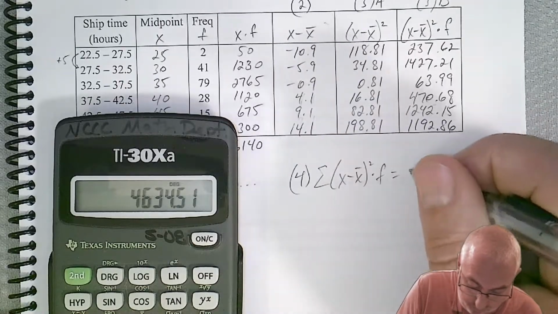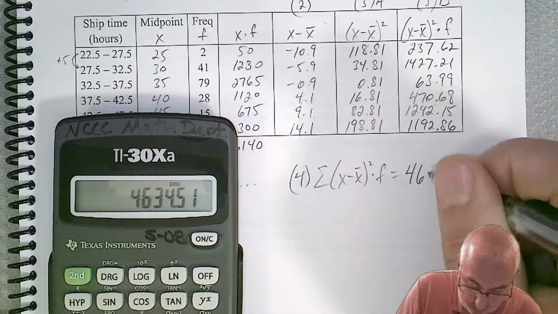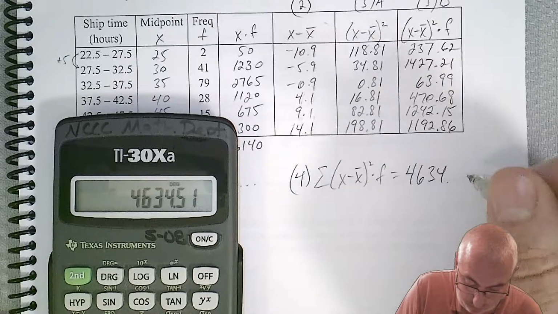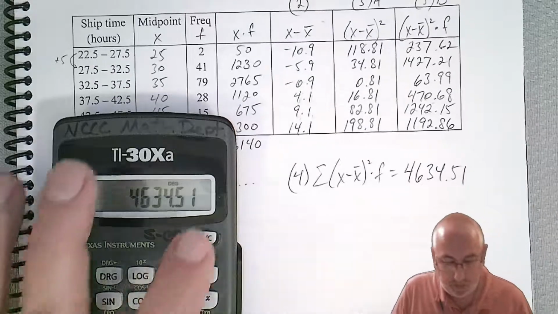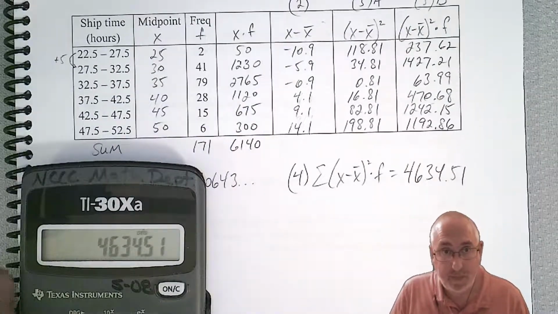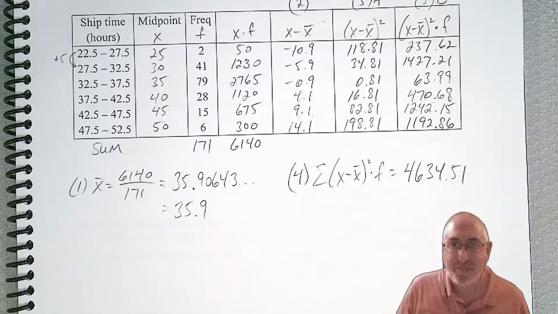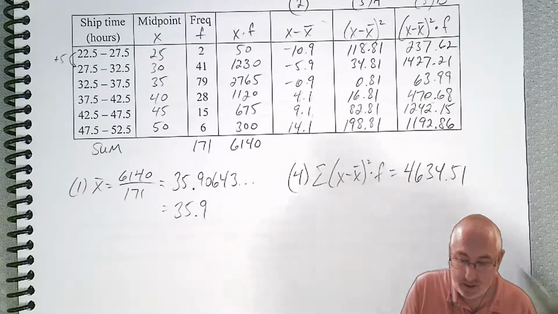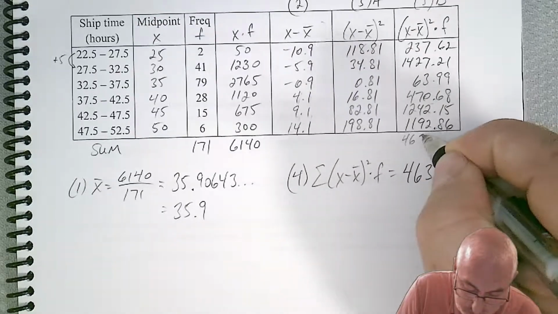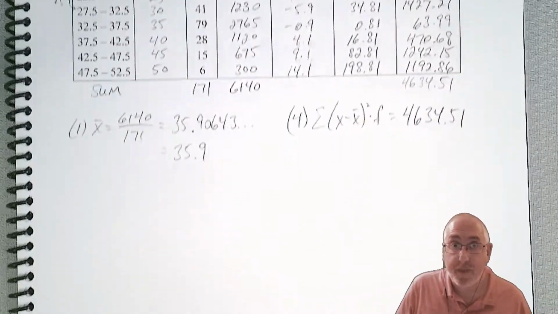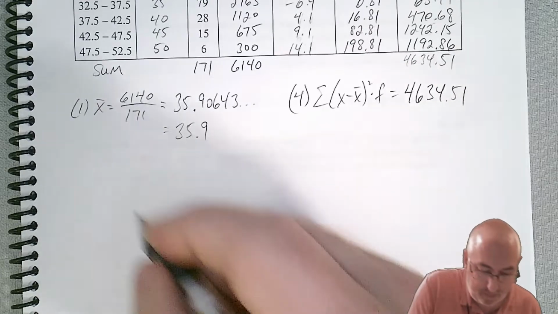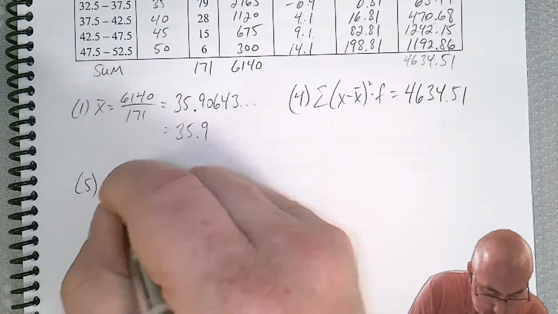So 4,634.51. Don't clear it. All right. So far, so good, hopefully. 2 more steps. 5 is divide.